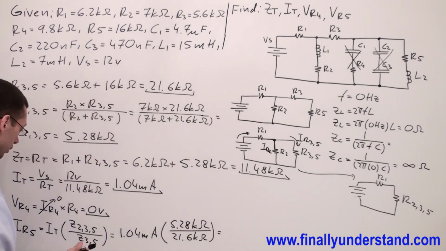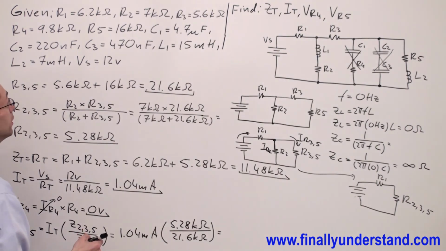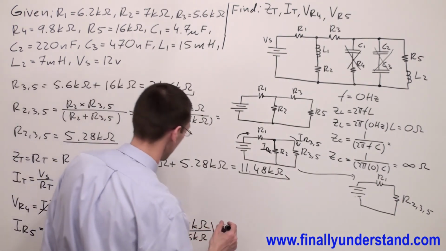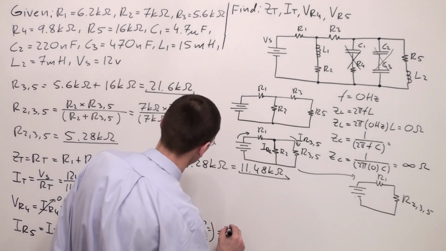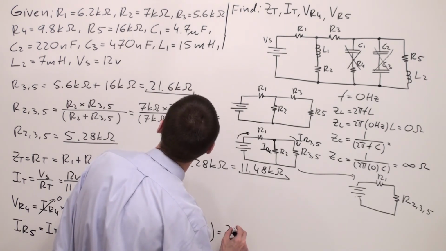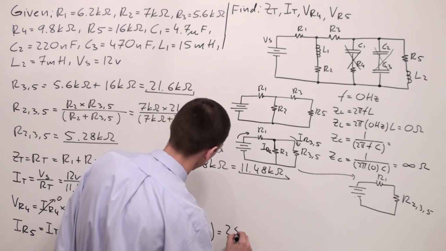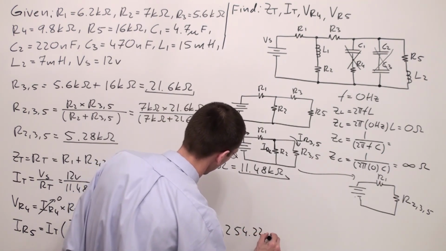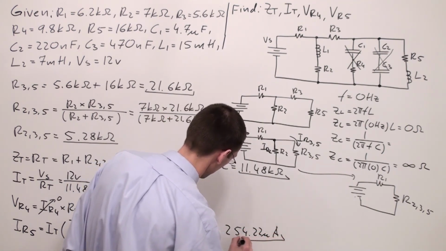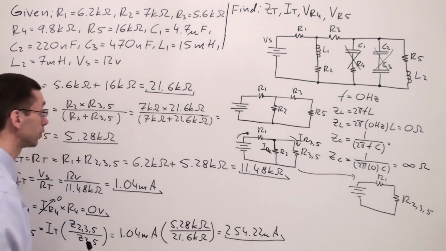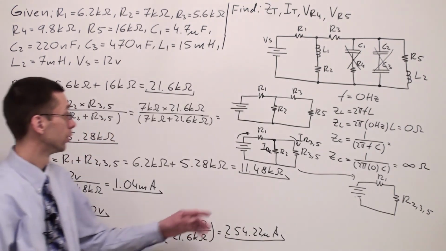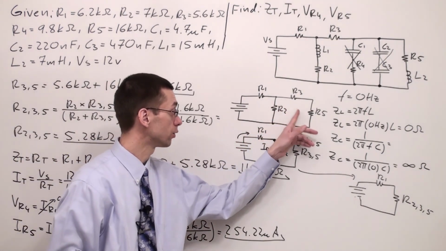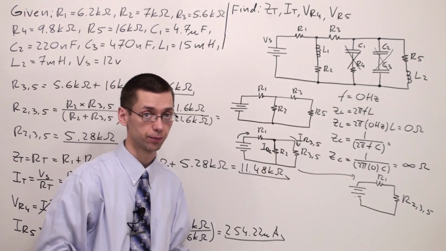Okay, use the calculator and you're supposed to obtain the value 254.22 microamps. Okay, so this is the current which goes through resistor R3 and resistor R5.